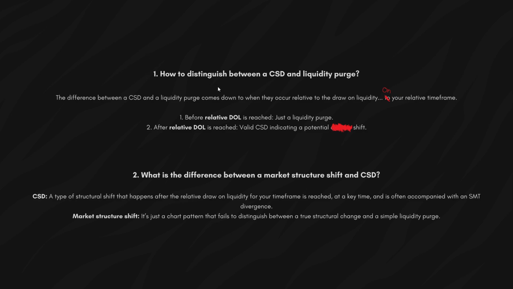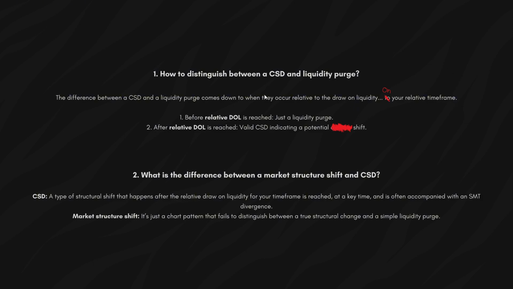So first of all, let's discuss how to distinguish between a valid change in the state of delivery and a liquidity purge. The difference between a CSD and a liquidity purge comes down to when and where they occur relative to the drawn liquidity on your relative time frame.